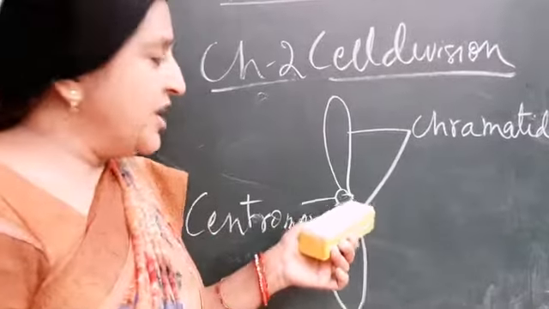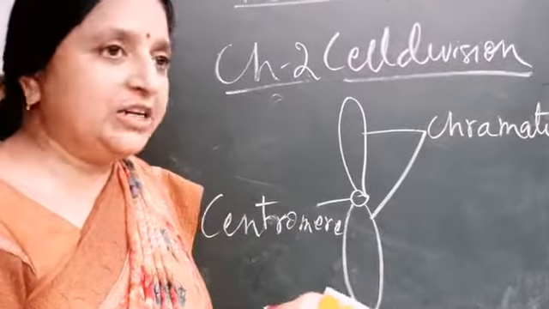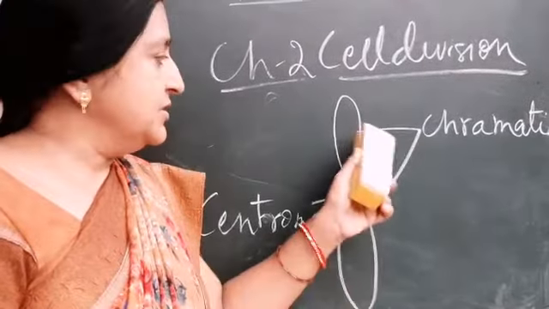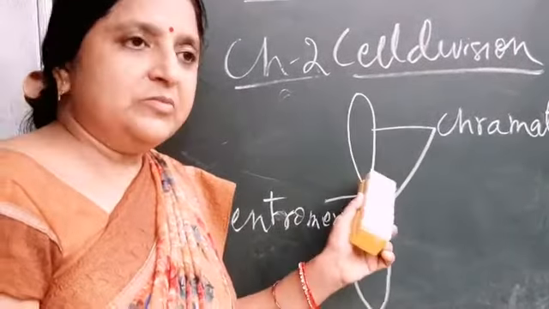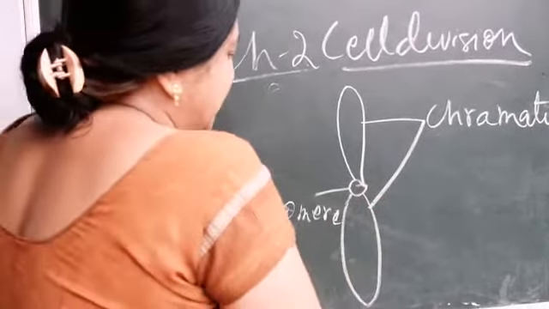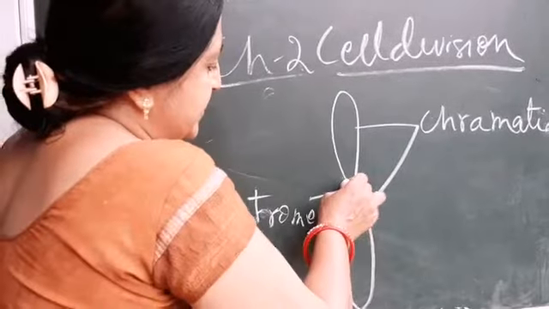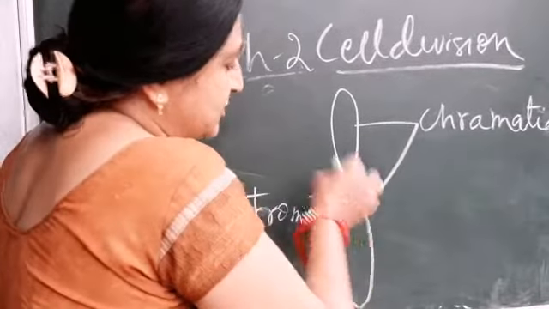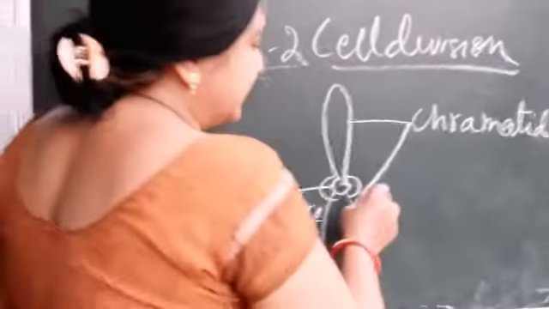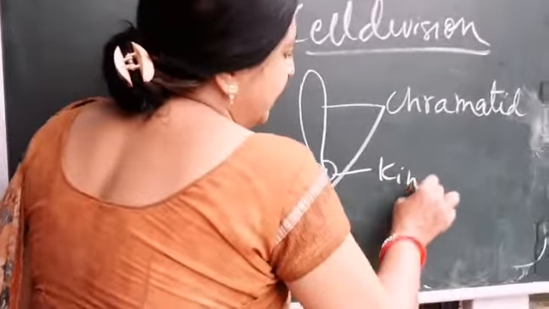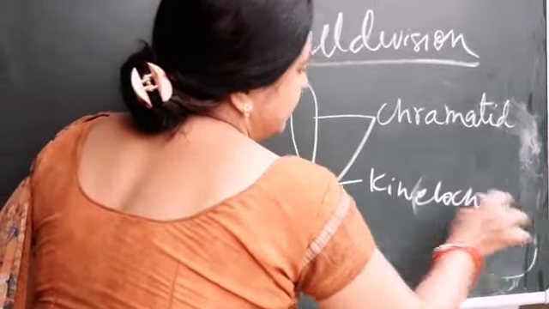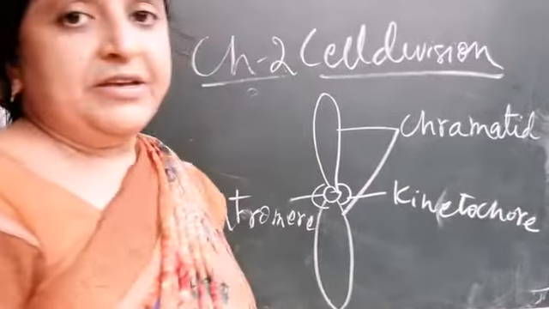The two arms of the chromosome are called chromatids. This is the structure of the chromosome, and at the centromere a disc-shaped structure made of protein is present, called the kinetochore.